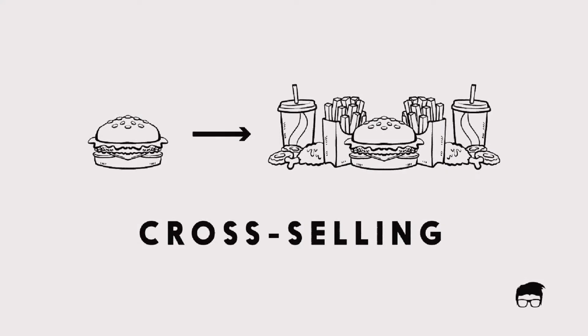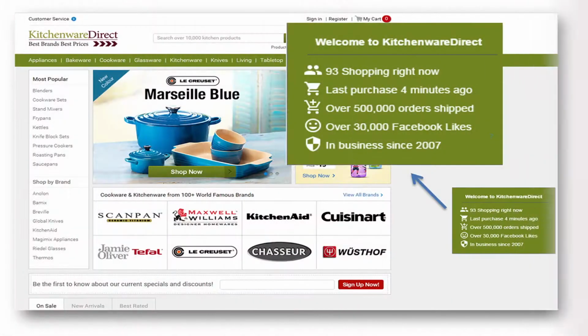Cross-selling. This approach suggests complementary products instead of similar ones. By offering complementary products, AOV can be increased by educating the customer on how to make their current selection better in some way. The next one is the personalized social proof notifications.